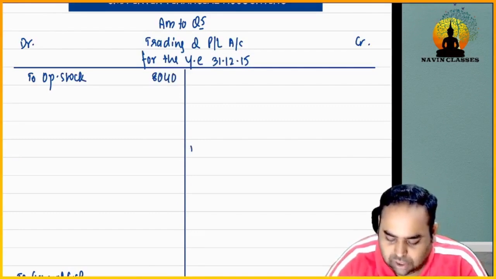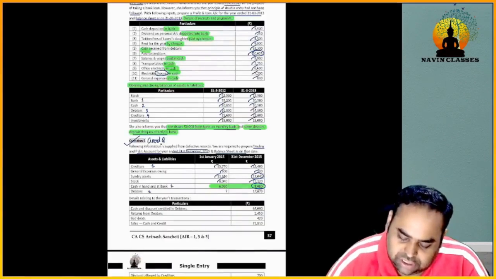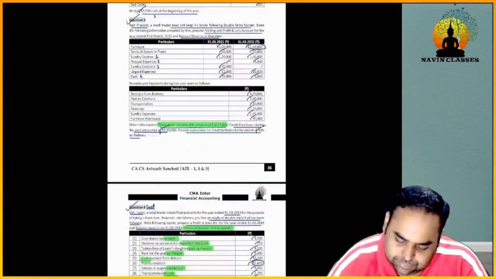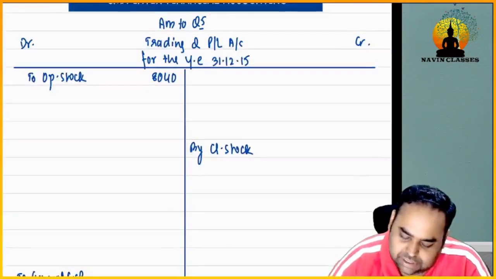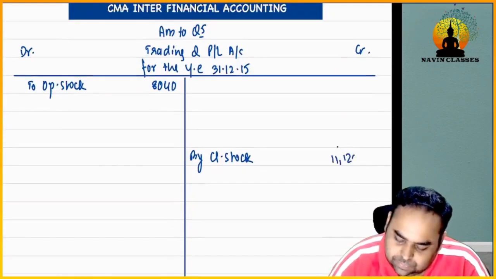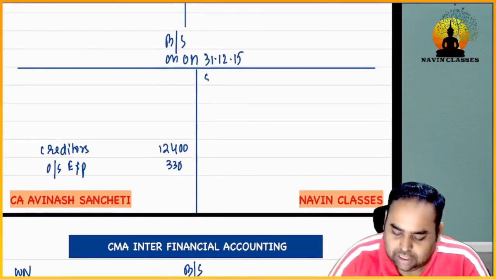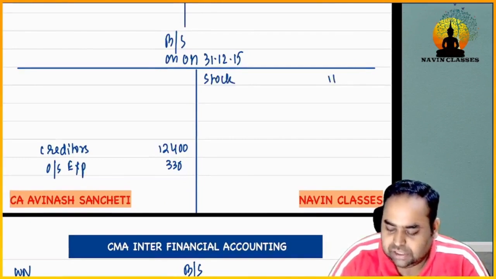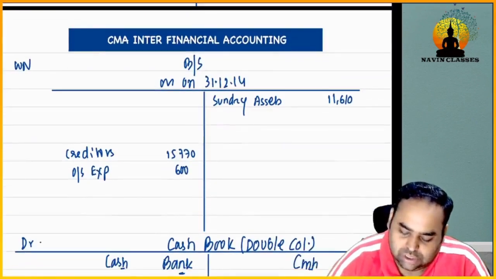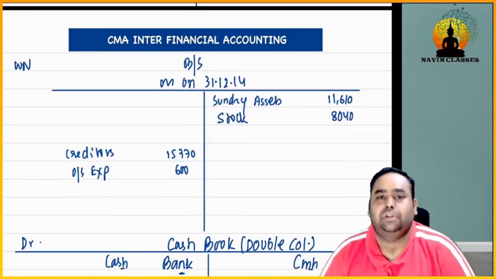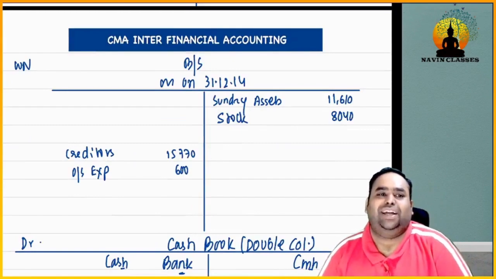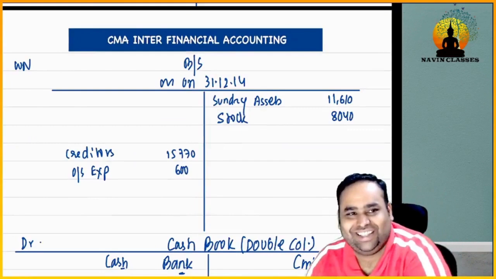By closing stock is given. The closing stock is 11,120. That means the closing stock will be 11,120, okay? And the opening stock will become 8,040. I hope this much is clear. 8,040 and 11,120.